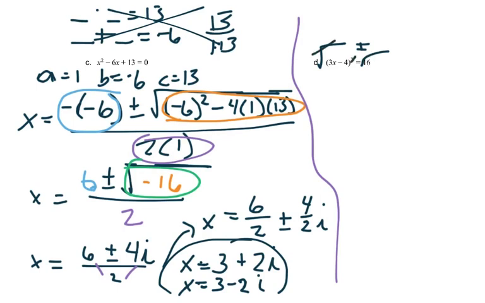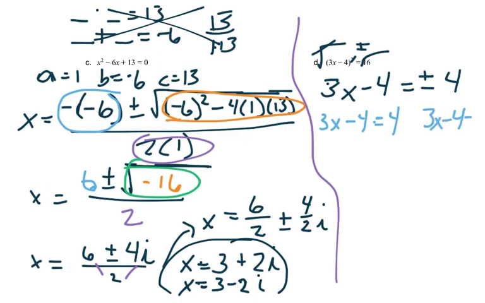On the left side, that cancels out and just leaves me with 3x minus 4 equals plus or minus, and the square root of 16 is just 4. Now it'll be a little bit more helpful if we write that as two separate problems. So we would have 3x minus 4 equals positive 4, and 3x minus 4 equals negative 4.